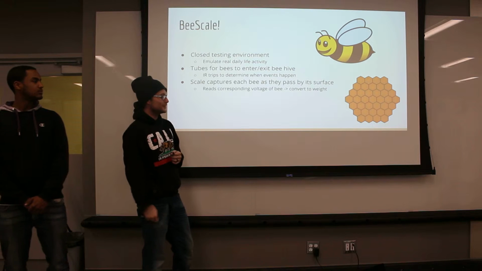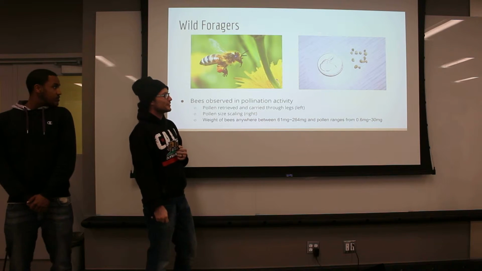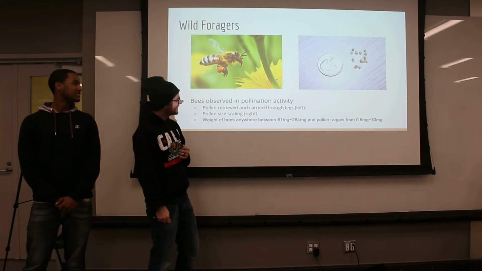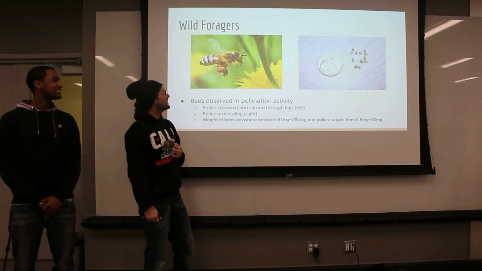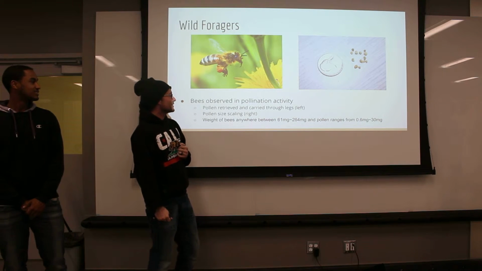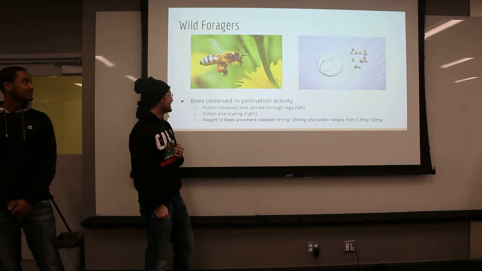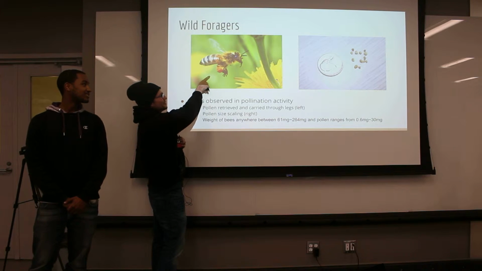Alright. So let's talk a little bit more about the bees. So these are our wild foraging friends, the bees. And right here is a bee that's actually been out foraging.